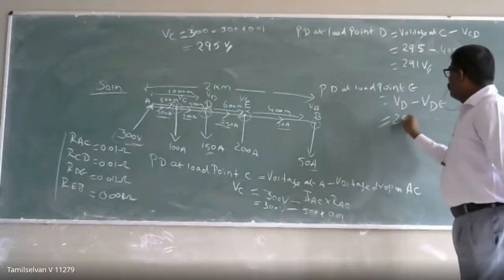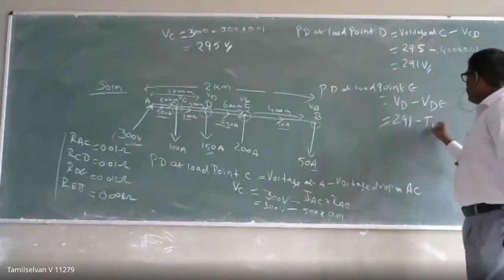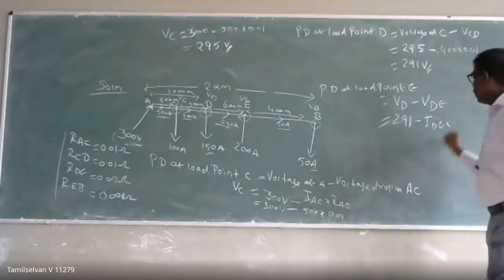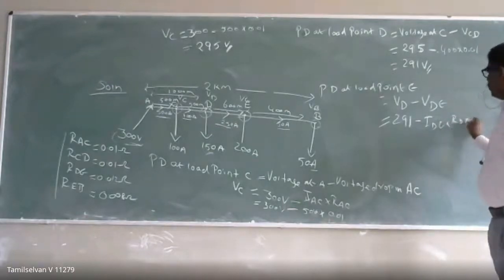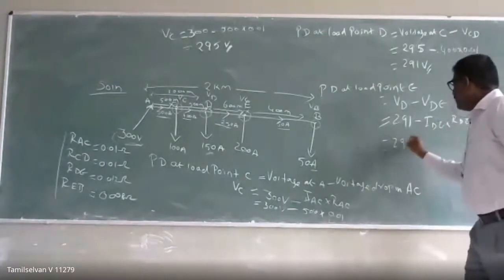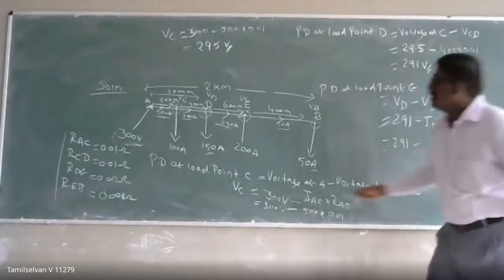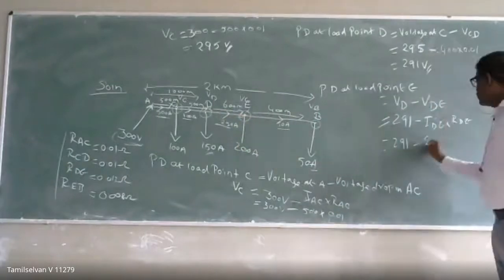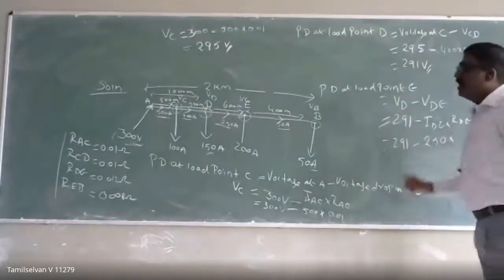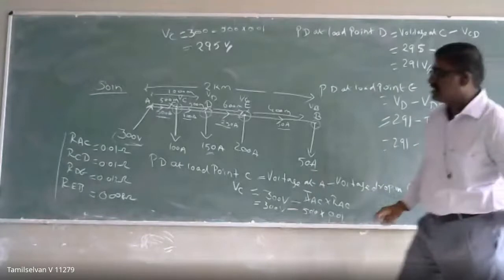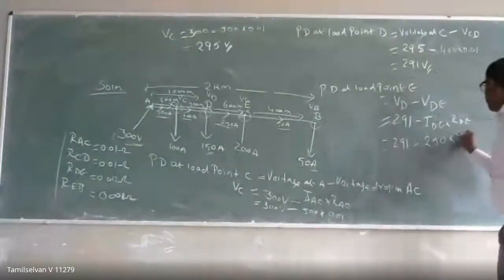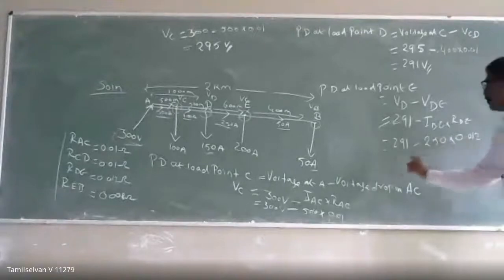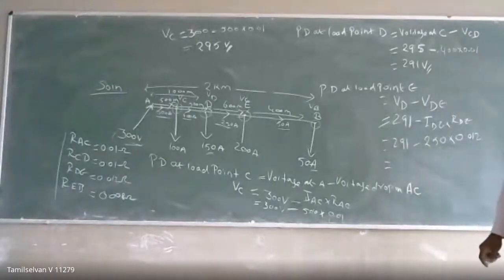So 291 minus IDE into RDE. The current in the section DE is 250 ampere, so minus 250 into the resistance in the section DE, 0.012. So what about your voltage at the E point?